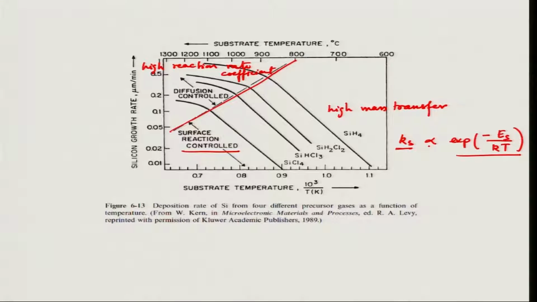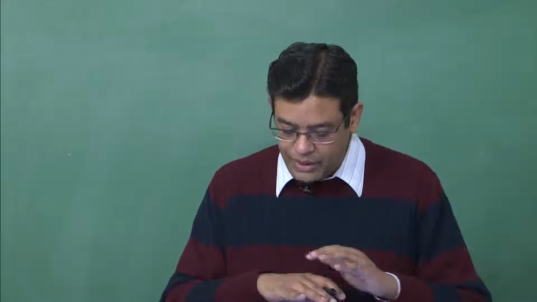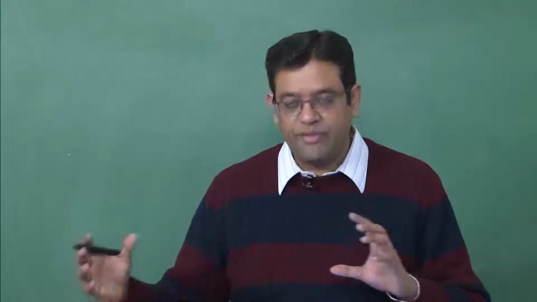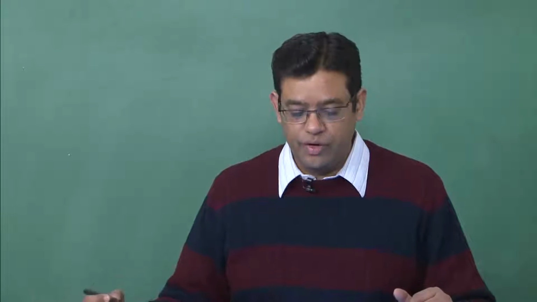So, it depends on temperature exponentially. So, if there is small non-uniformity in temperature, it will affect your reaction rate to a large extent. Since your deposition rate is controlled by reaction rate, you will have difference in reaction rate or the deposition rate at different points, because your temperature is not uniform.